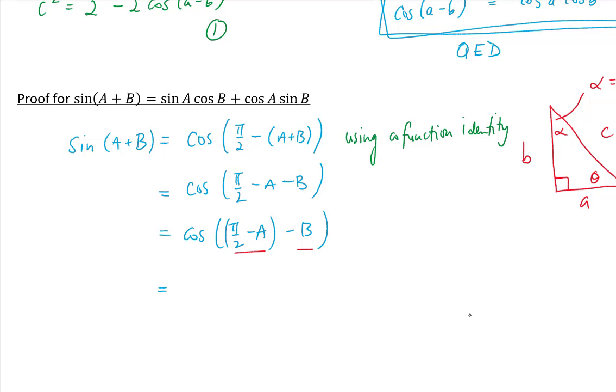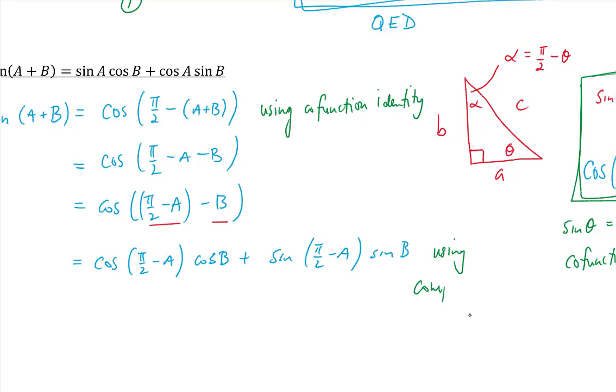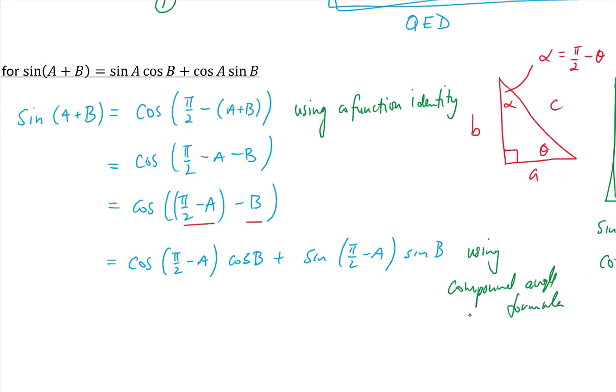So using the compound angle formula, I get cosine pi over 2 minus a cosine b plus sine pi over 2 minus a sine of b. And once again, notice I have my cofunction identities here.